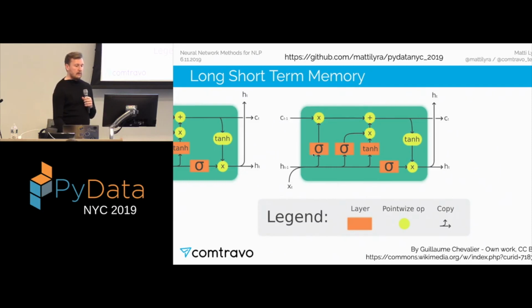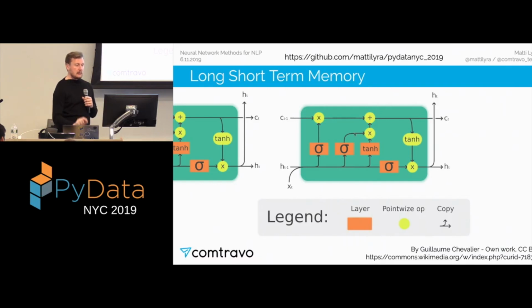You have three gates. There's a forget gate. From the previous time step, we take what the context was, what the cell state is, and we apply an update to it. This is essentially saying, given this new input that is coming in, what from the previous time step do we need to erase? What is information that we can forget? That gets passed onwards.